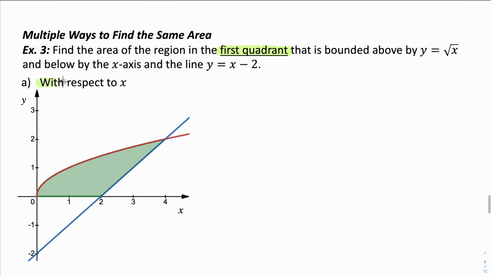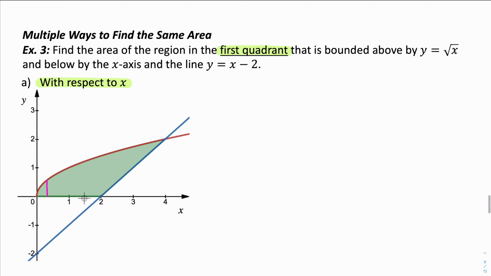So part A is saying find the area with respect to x. Now, when doing this, if I do top minus bottom, the top function here is the square root. Bottom is x minus 2. But initially, bottom is not x minus 2. Initially, the bottom is just the x-axis.